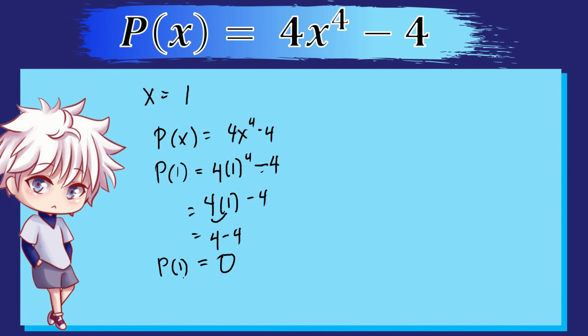So, yung naging value na nakuha natin when x is equal to positive 1 ay 0. So, ano ibig sabihin nung 0 yung nakuha natin? Ibig sabihin nun, wala siyang remainder. Ibig sabihin po, si 4x to the 4th power minus 4 ay divisible kay x minus 1.